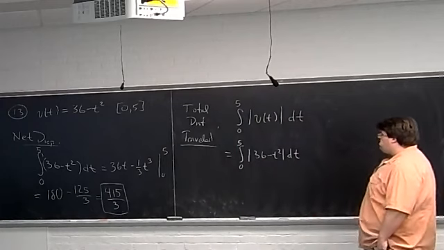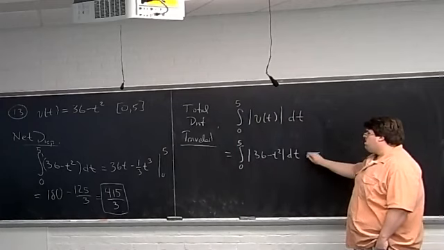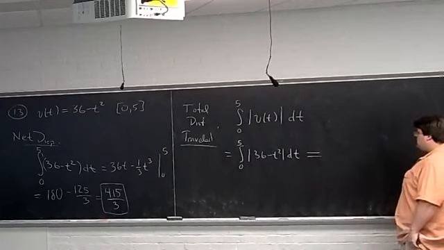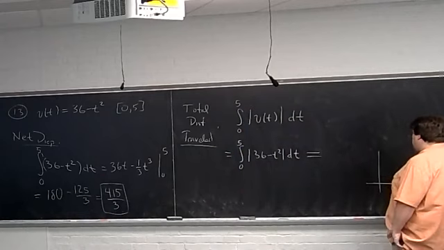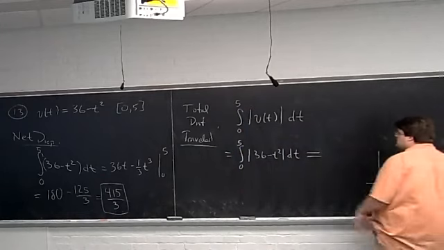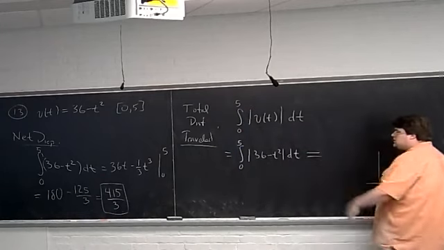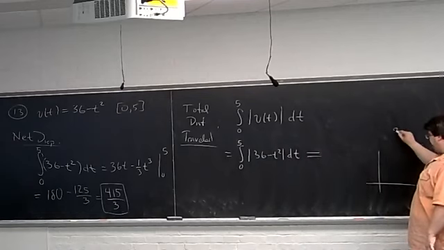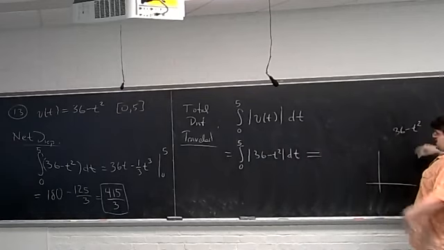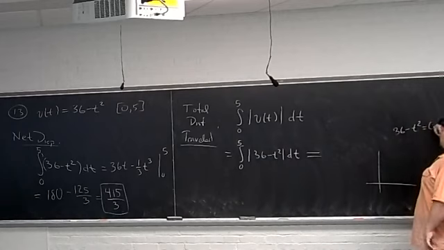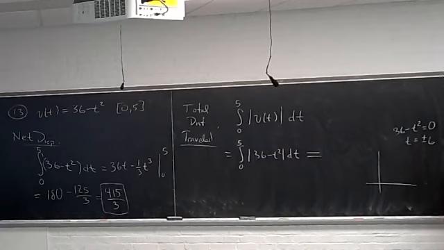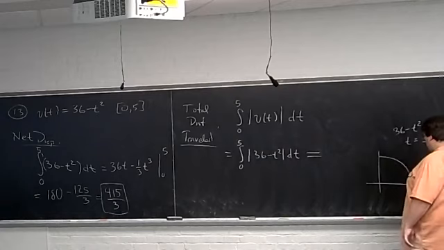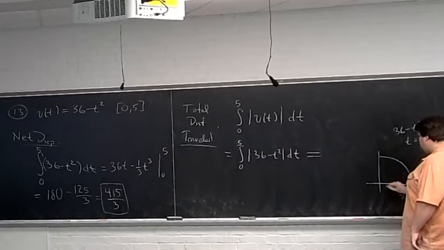Well, how do we do that? We're going to need where the curve intersects the x-axis, because that's where the absolute value is going to split into pieces. But notice here, t-axis, not x-axis, that our velocity function intersects the t-axis at time 6, which is beyond the interval in question.